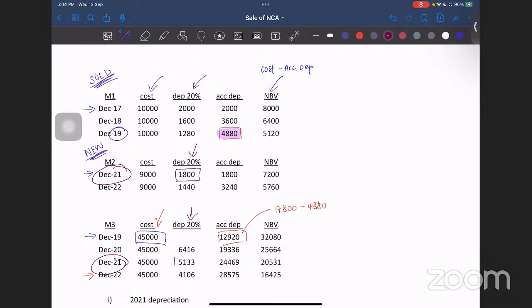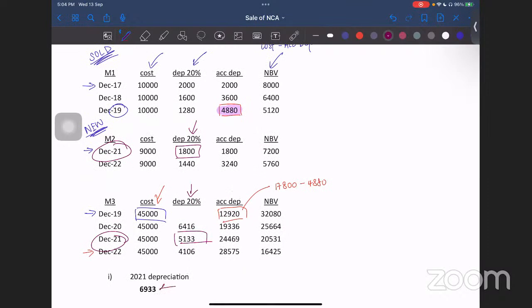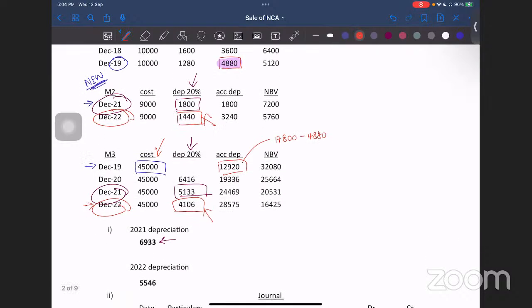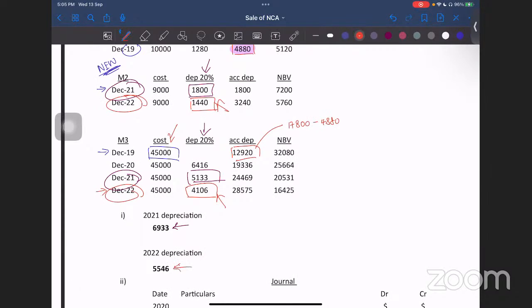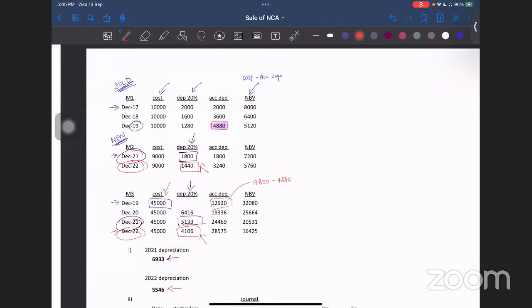I will just take 1,800 plus 5,133, and that is how I get this 6,933. For 2022, same thing, all the 2022 depreciation I will add together. So 1,440 here plus 4,106, and then I will get 5,546. So this is how you do it.